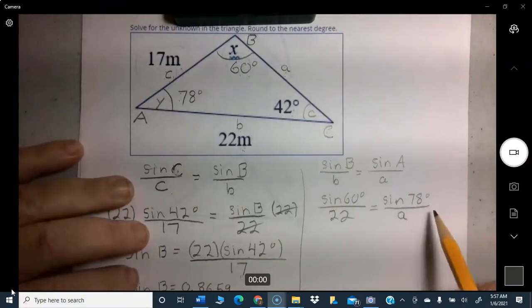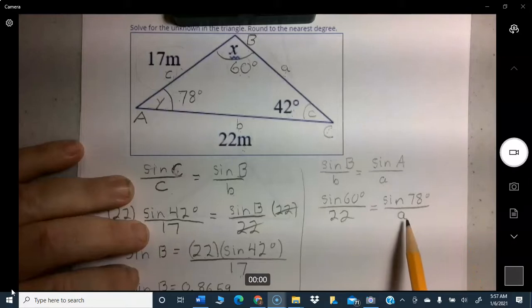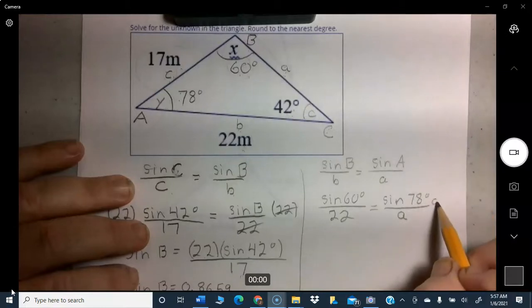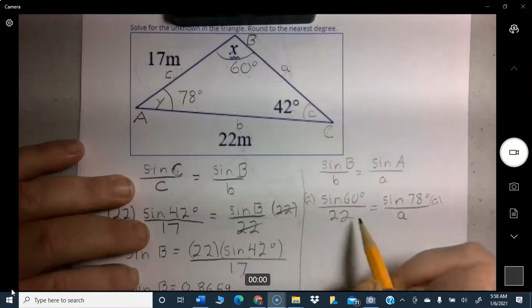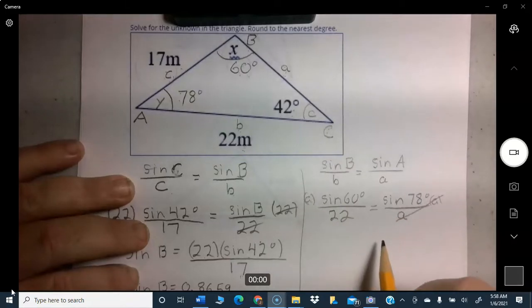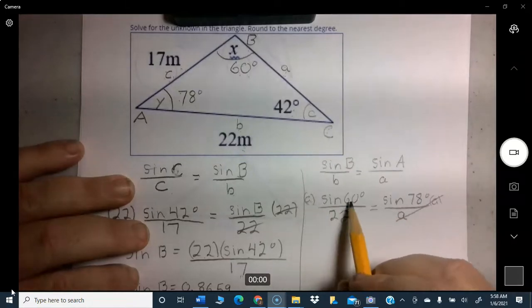Okay, the algebra is a little messier on this one. What you've got to do is multiply everything by A. These two cancel. So now you have A times sine 60.